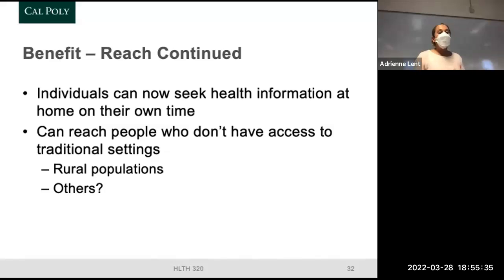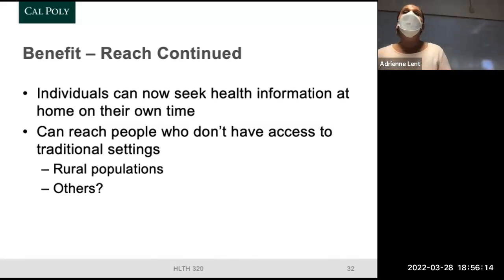But technology has really changed a lot of this. In terms of reach, we can now reach people who don't have access to those traditional settings. One of the populations we think about is rural populations who might live hours and hours away from the nearest health center or hospital. They might be able to get on a telehealth appointment with a provider and get at least some services through that mode.